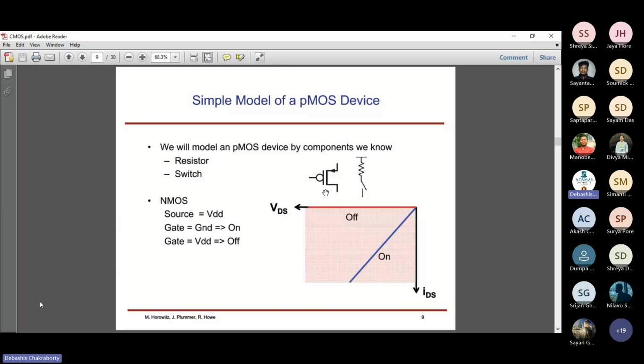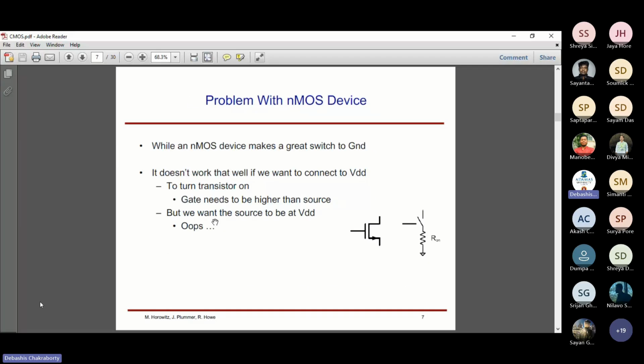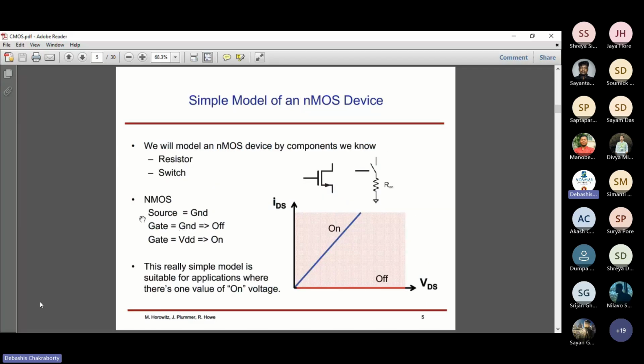Now you just note down this part only. Here you write PMOS. The characteristics of PMOS: the source is connected to VDD. Note down, the source is connected to VDD. Here it is opposite, but what was it before? In the previous case, for NMOS, the source is connected to where?